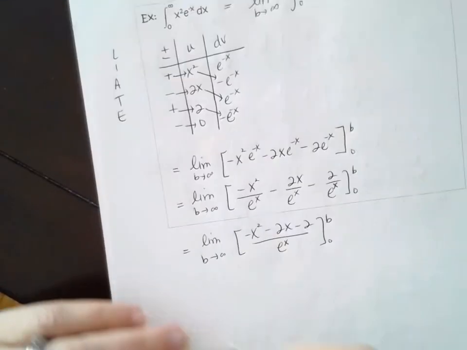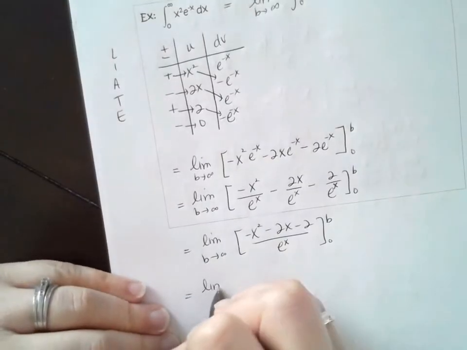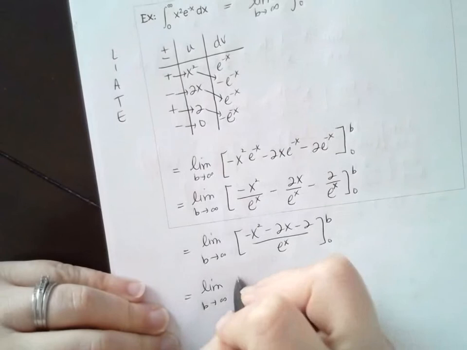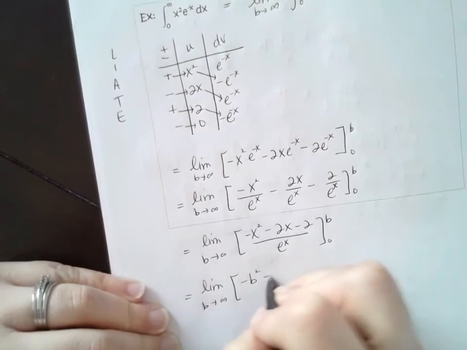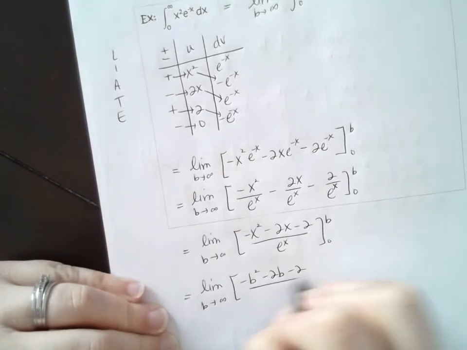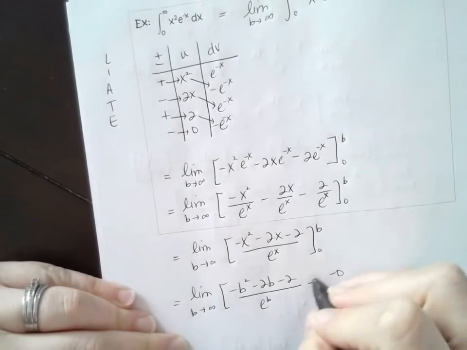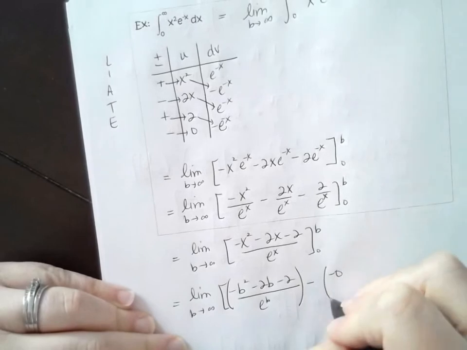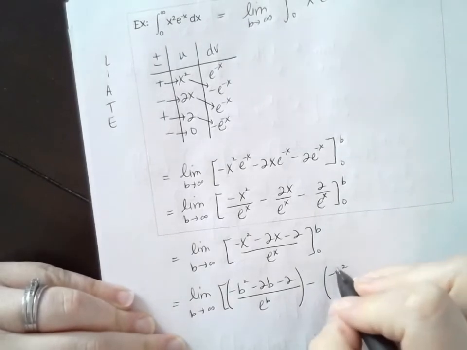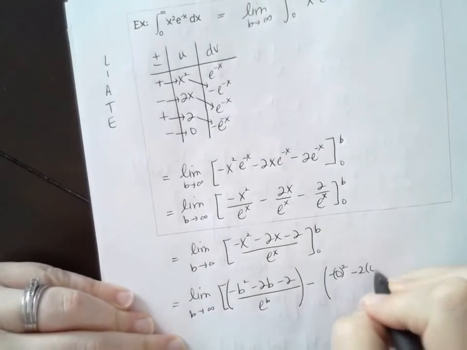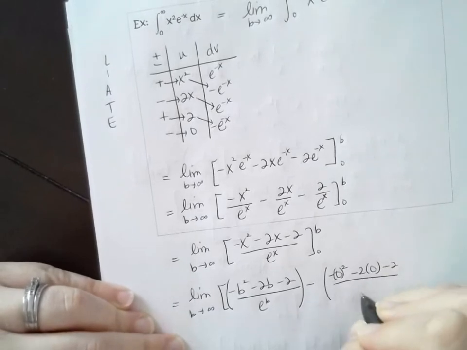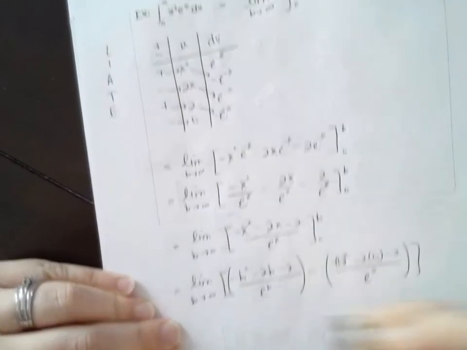All right. If I plug in b, and if I plug in 0, then what can I do?